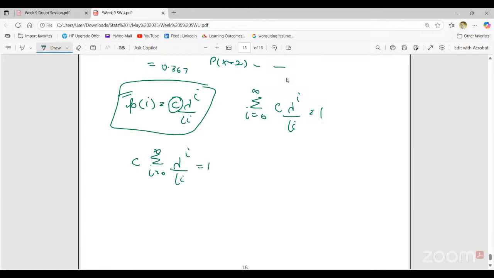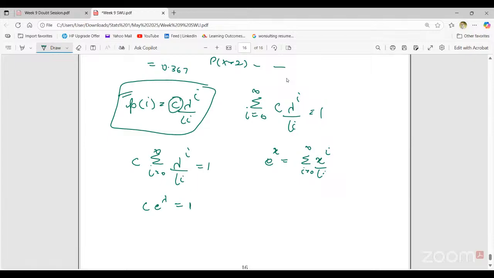Now, if you remember, e raised to the power x is equal to the summation of x raised to the power i upon factorial i, where i is going from 0 to infinity. So I can represent the summation of lambda^i upon factorial i as e raised to the power lambda, which makes C times e raised to the power lambda equal to 1.